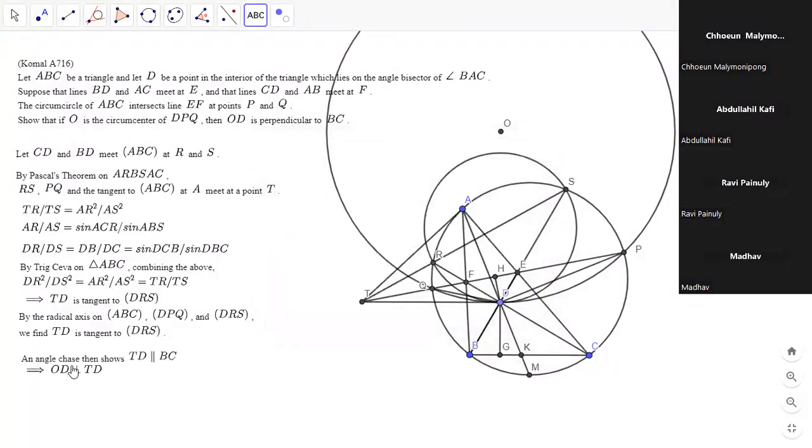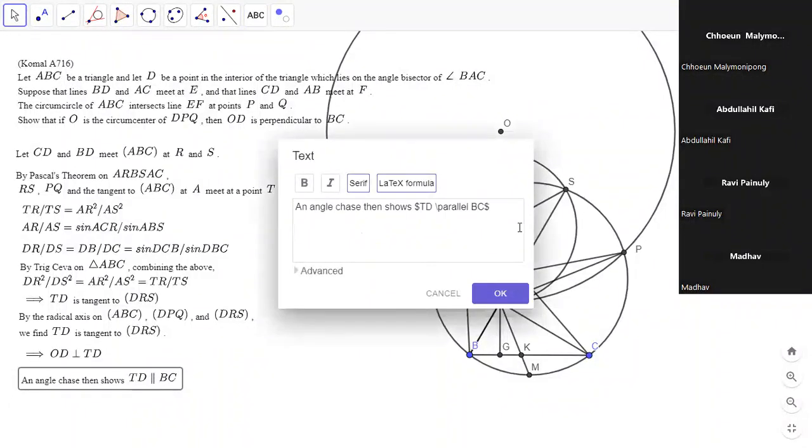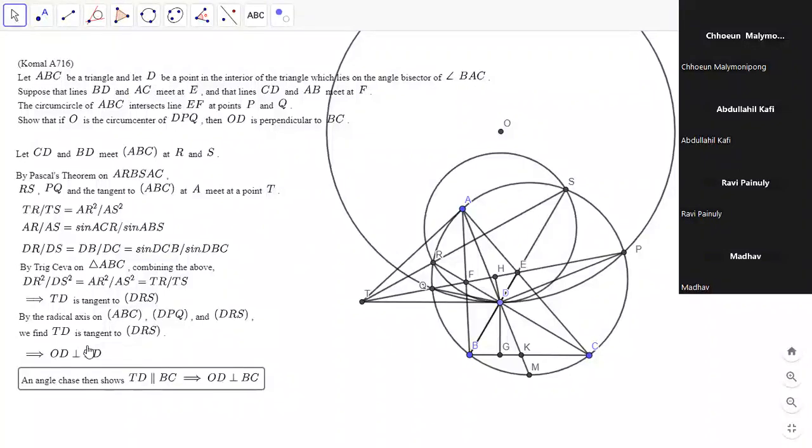Okay, Ravi says he has a projective proof, so hold on just a second. Okay, so Stefan, were you saying like this TD parallel to BC? You were saying that's just an angle chase, right?